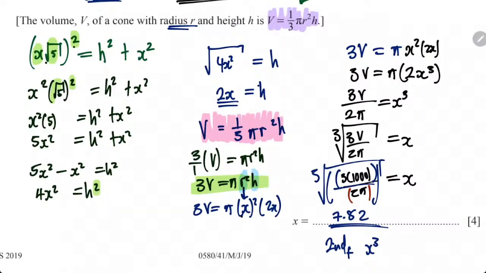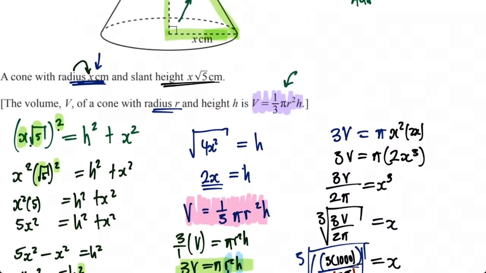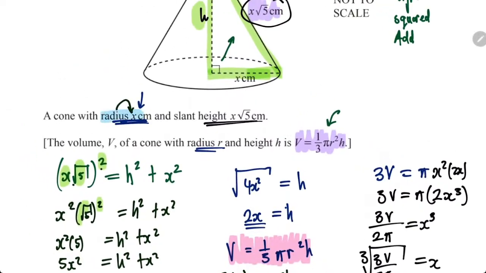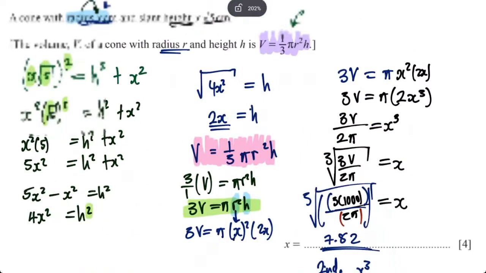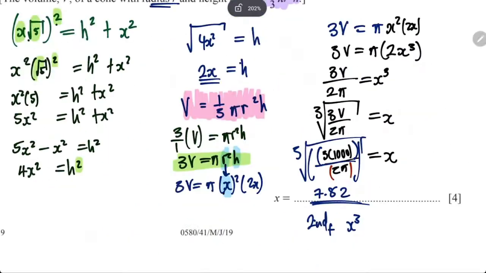Do you know what r also is? Do we have another r? You go up, you see it here. Radius x. Can you see it? Okay. So this is going to be your r. So we can bring it and put it where there was r. Is it true? We can remove radius r and put x, right?